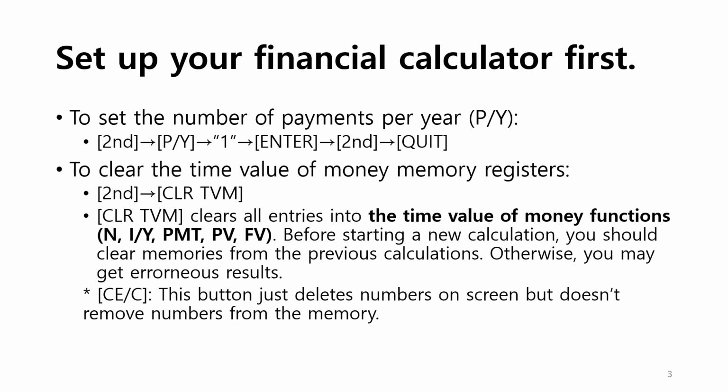N is the number of periods. I over Y is the interest rate. PMT is the payment. PV is the present value. FV is the future value.